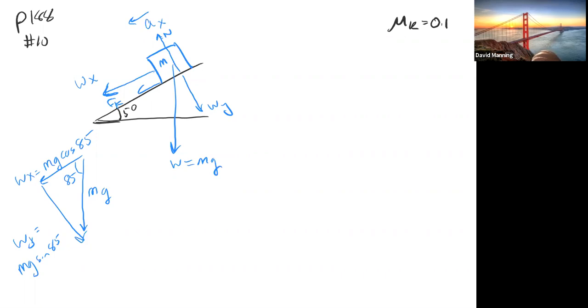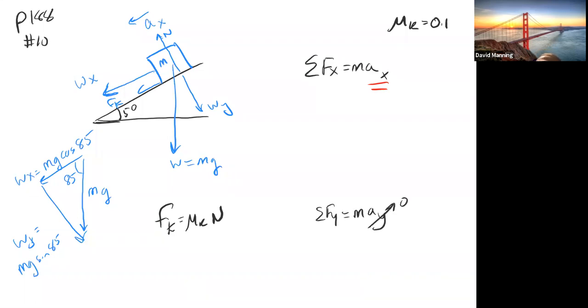Sum of the forces in the x equals max, and our goal here is to find ax. We have Fk equals mu k n. And sum of the forces in the y equals may, where we know ay is 0.